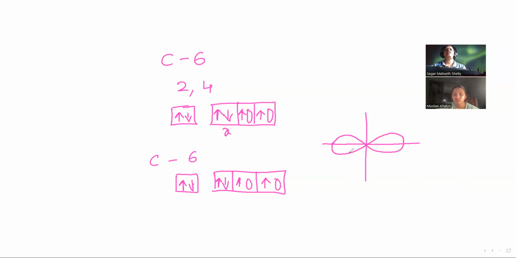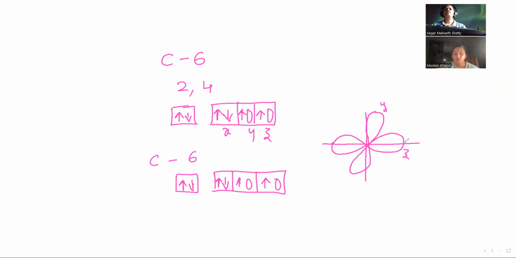I can call them X, Y, and Z. This might be the Z orbital, and here I have another orbital, which might be the Y one. Now, this is for this carbon atom. Likewise, we have another carbon atom involved here with the same structure.